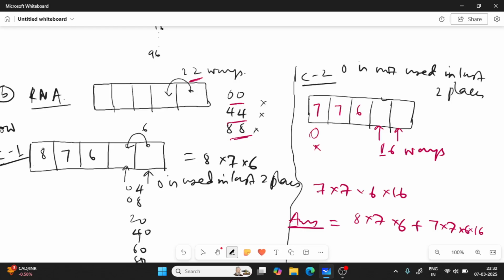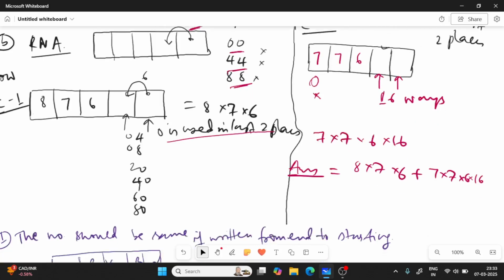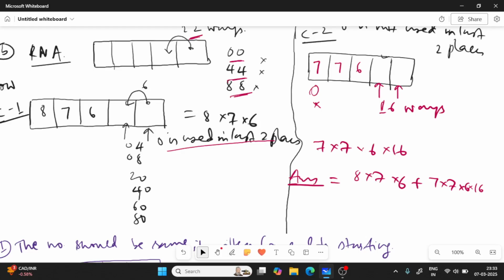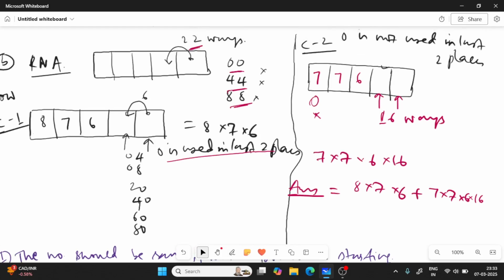So when 0 is used in the last two places, we will have separate ways, and when 0 is not used, we will have a separate condition. So when 0 is used, in how many ways can the leftmost place be filled? 8 ways.